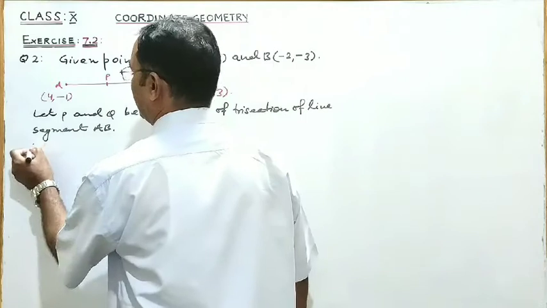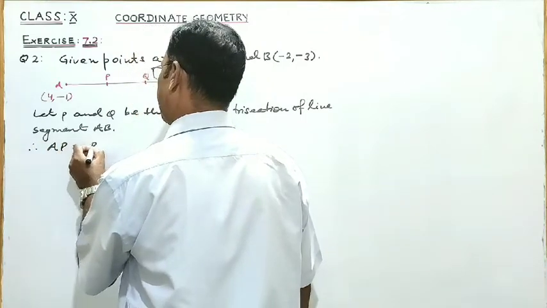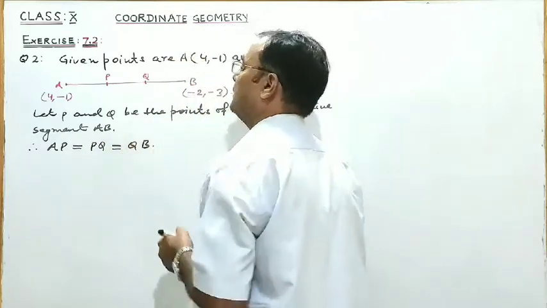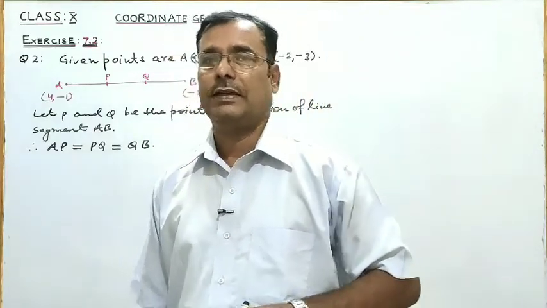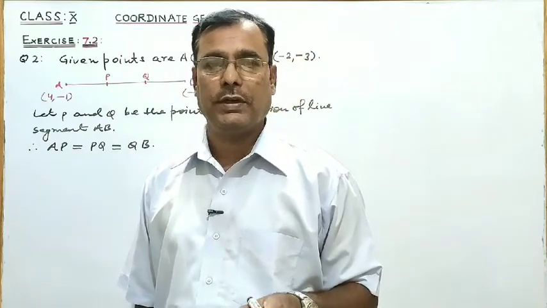So therefore AP is equal to PQ is equal to QB. Points P and Q trisect the line segment AB, that is, divide it into 3 equal parts.